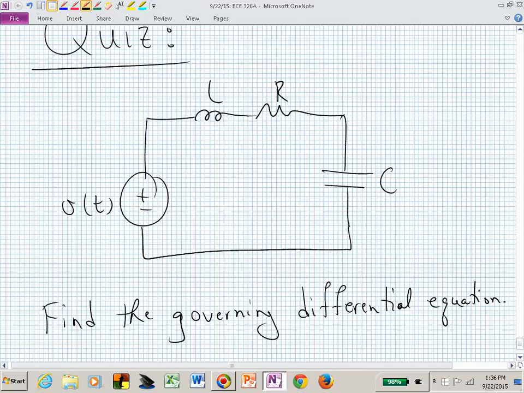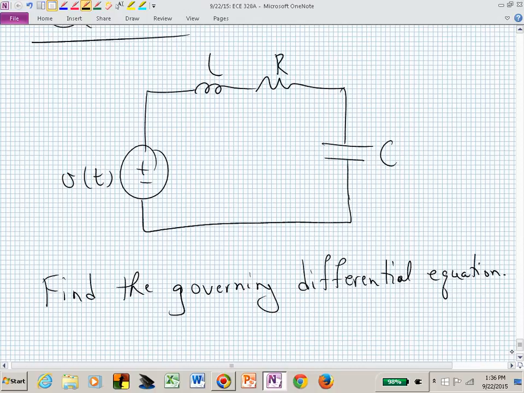Now, if L and C currents and voltages are related by differential relationships, that means that the time rate of change of certain variables, currents or voltages, are influencing the current and voltage, which means you have some history or past or memory in these circuit elements.